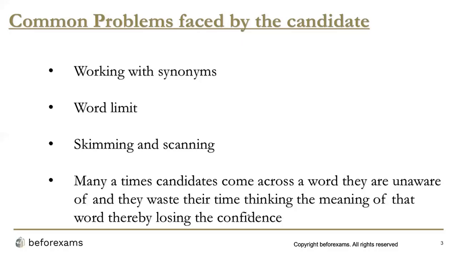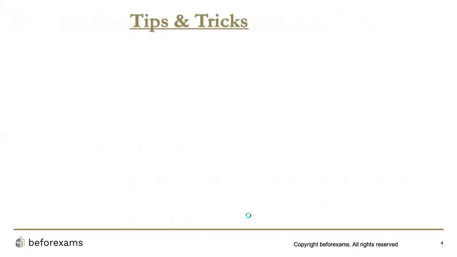For example, water is quintessential for plants to make their food. Many of you would know the meaning of quintessential, but let's say some candidates don't know it. So let's remove the word quintessential, and I'll speak it again: water is dash for the plants to make their food.